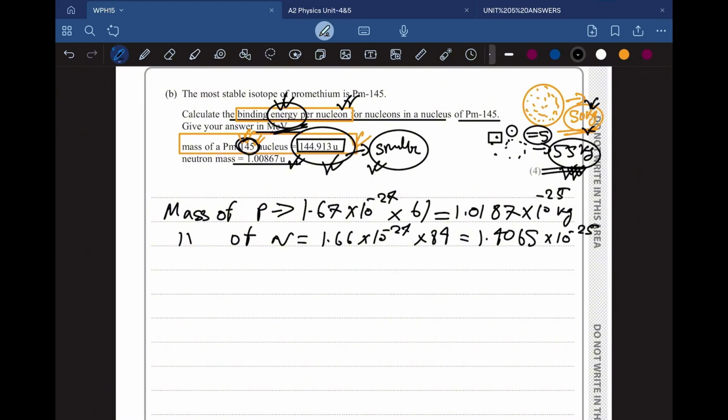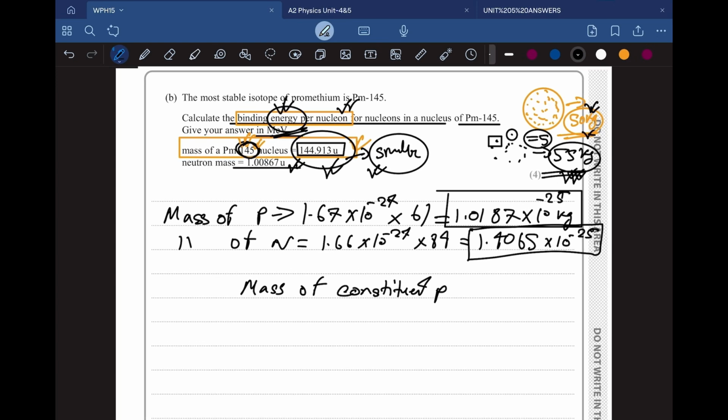So this is the mass of each and every neutron and proton. If we add both of them, we will get the mass of the constituent particles. Mass of constituent particles is equal to, if we add both of them, 1.0187 into 10 to the power minus 25 plus 1.4065 into 10 to the power minus 25.